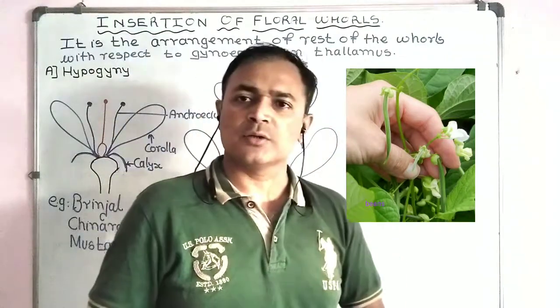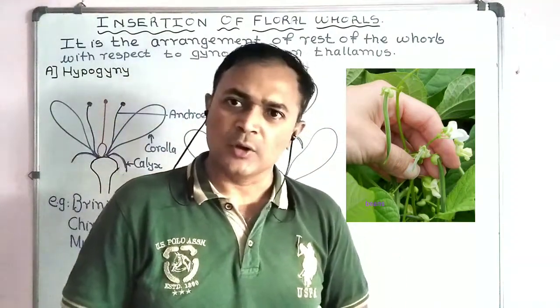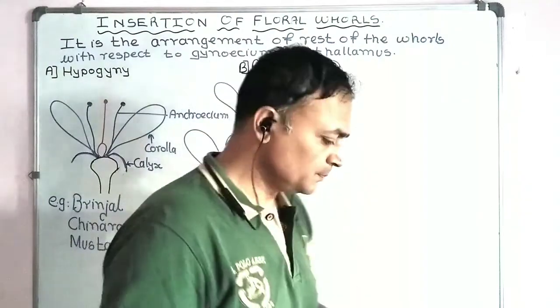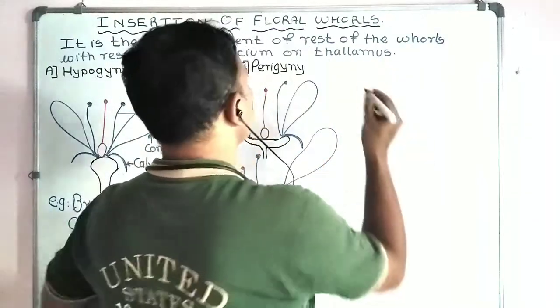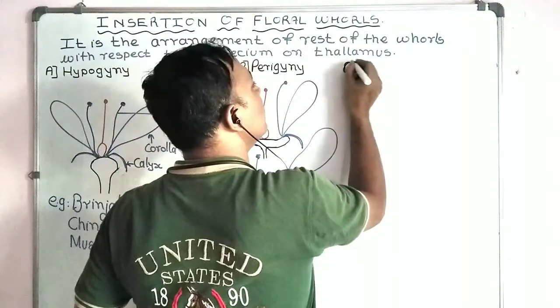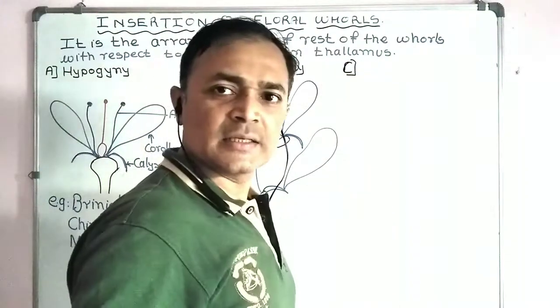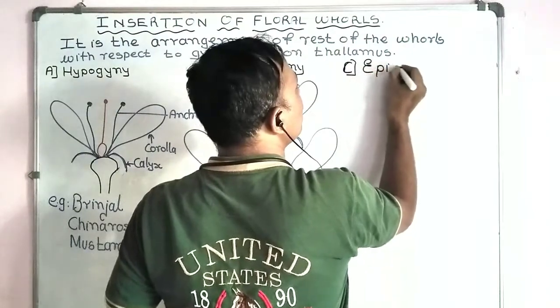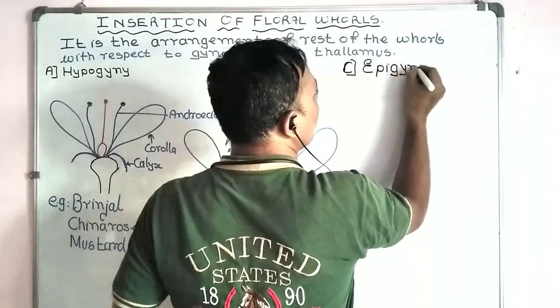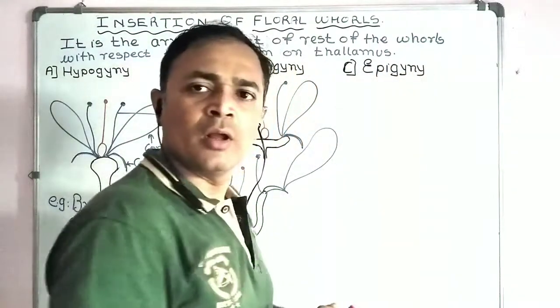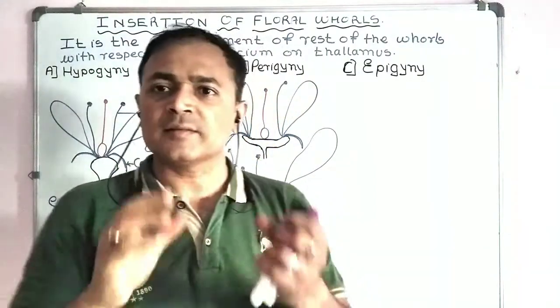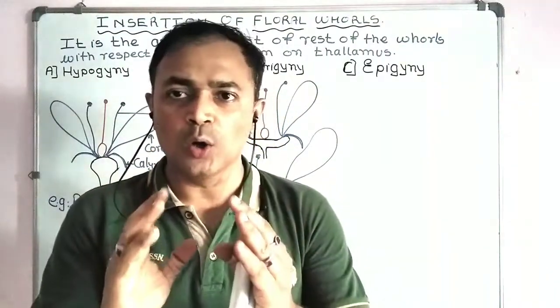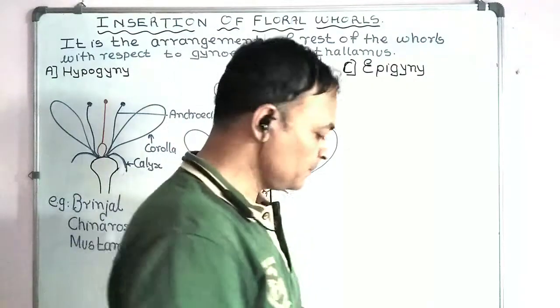Now let's talk about the third type of insertion, and that is epigyny. In this case, the thalamus is hollow from inside.